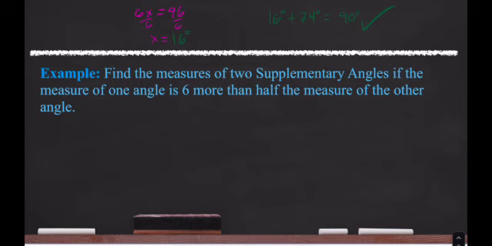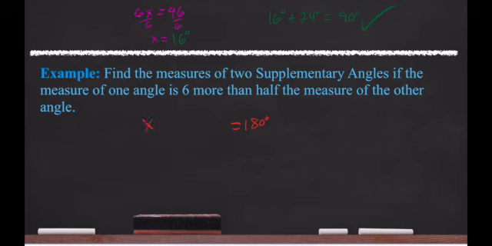Last thing, very last question we have. Find the measure of two supplementary angles if the measure of one angle is 6 more than half the measure of the other angle. So this is very, very similar to the last one. It's just set up a little bit differently. Last one we did complementary. This one we're going to do supplementary. Supplementary adds to equal 180 degrees, while complementary adds to equal 90 degrees. So let's do the same thing.